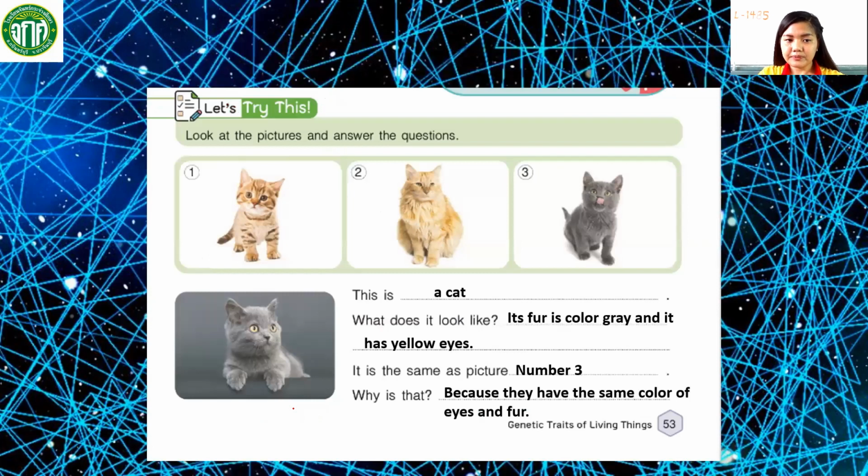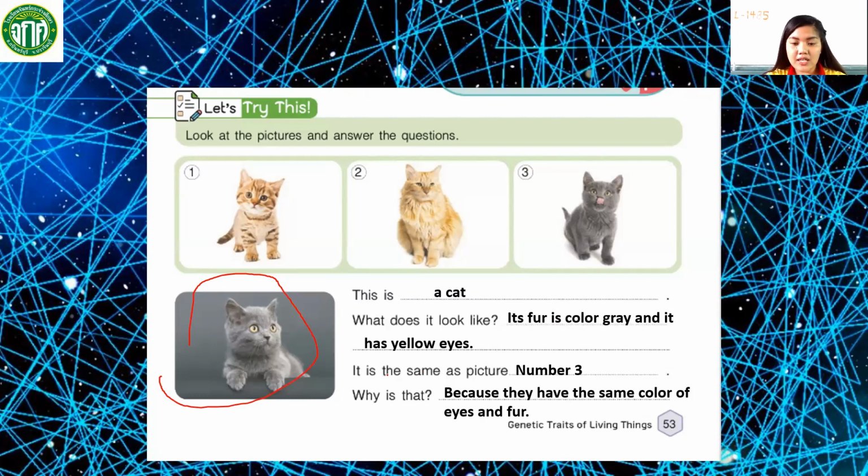We have here an activity on page 53. Please go to page 53. In here, this is a cat. What does it look like? Its fur is gray and it has yellow eyes.